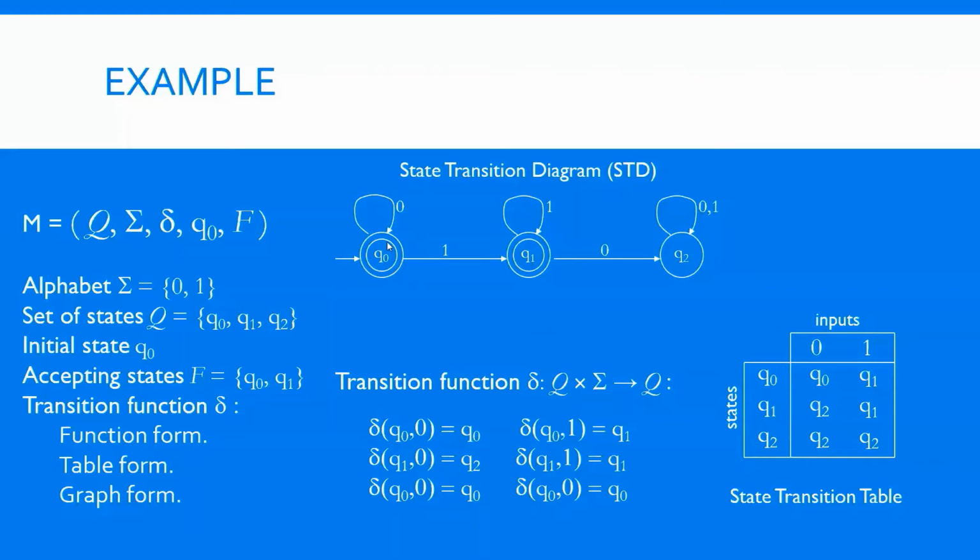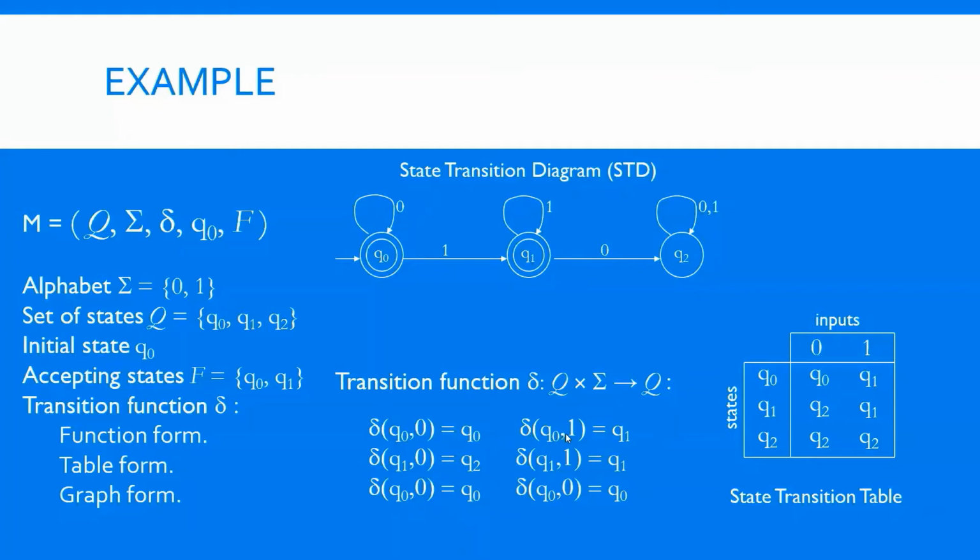And this one is same. Either you go for this representation, or you go for another third representation. Here Q0 reading 0, what will you do? Q0 reading 1, what will you do? You have to write. Q0 reading 0, it says you go to Q0, so you write delta Q0 0 equal to Q0.